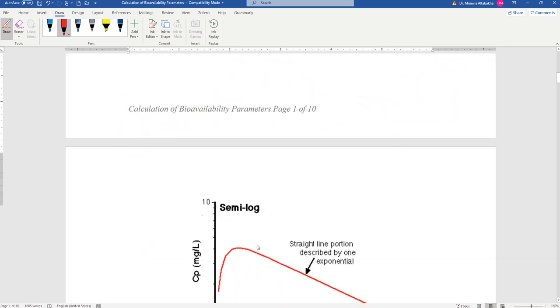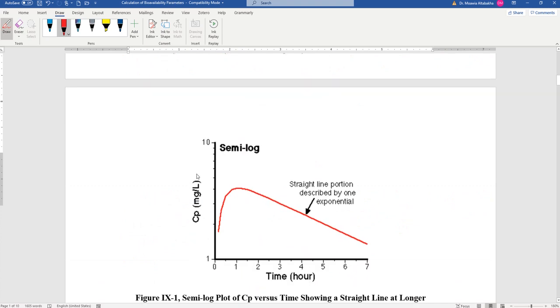Okay, let's see what happens here. Judy used the data points, and you will see that here we have a straight line.